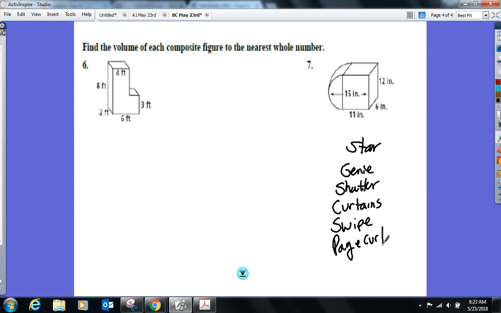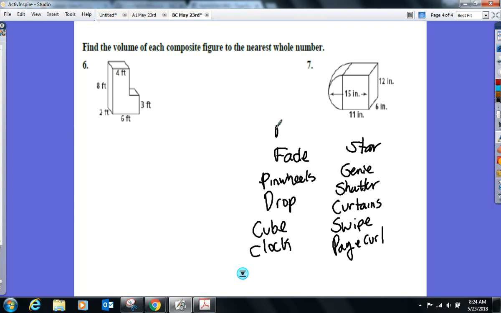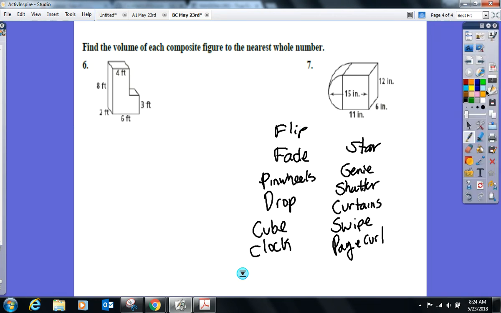What else am I missing? Yeah, that's the same as swipe for me. Fade. Well, pinwheels, can't forget those. Drop. Cube. Clock. Think we covered them. So here we go. Star. Genie.